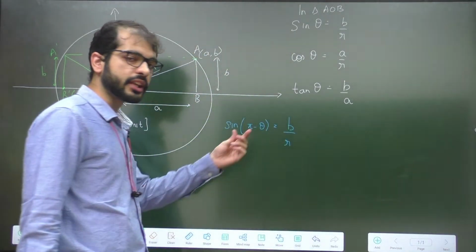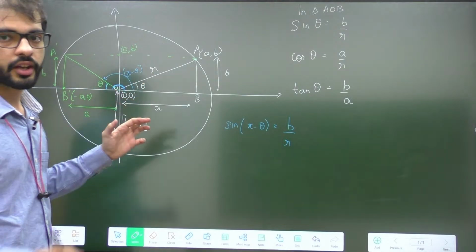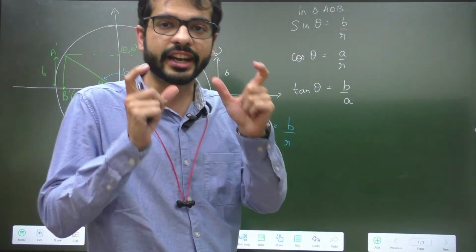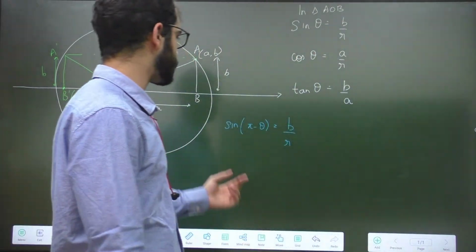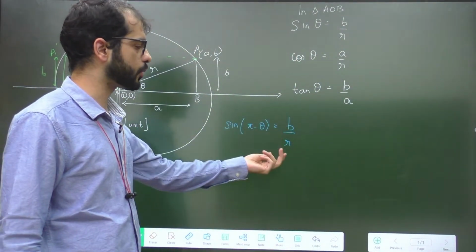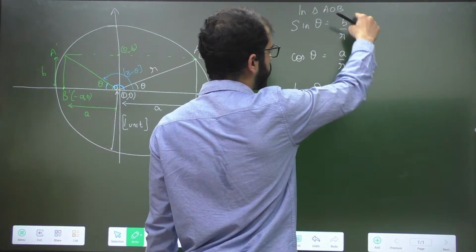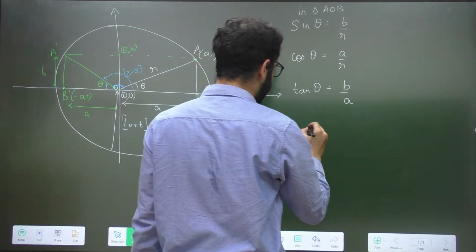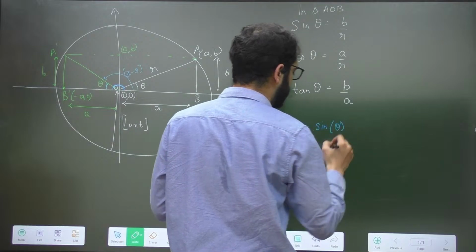If I'm writing b upon r, we can observe b is positive, r is going to be the same because the circle remains constant. So the radius and the center of the circle will also be fixed in both the cases. So I'm going to say sine of pi minus theta is b upon r, and as we observed in the previous case, b upon r, what is b upon r? Sine theta. So I can say sine of pi minus theta can be written as sine of theta.